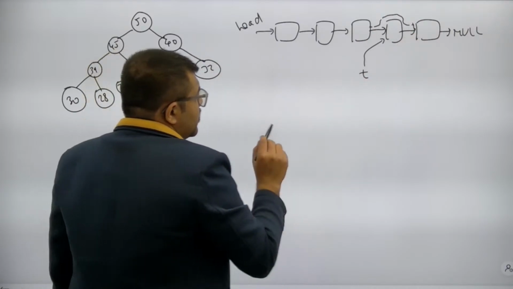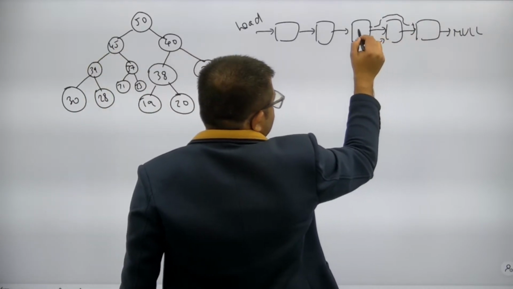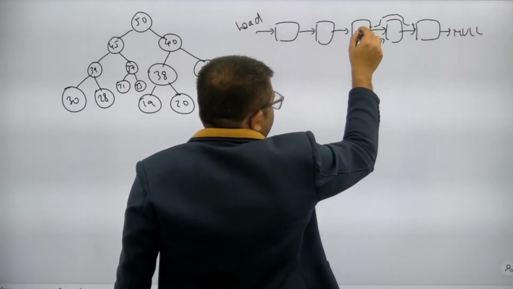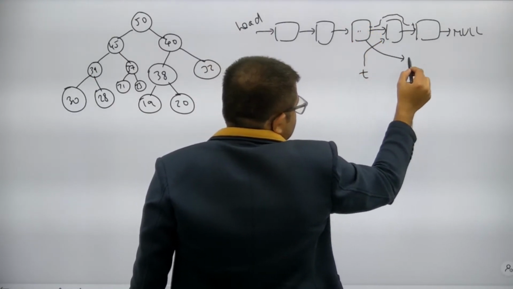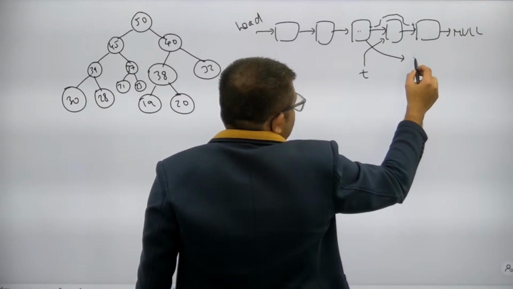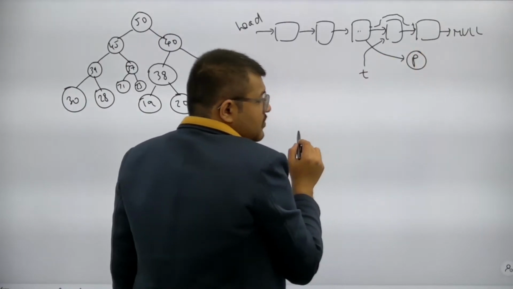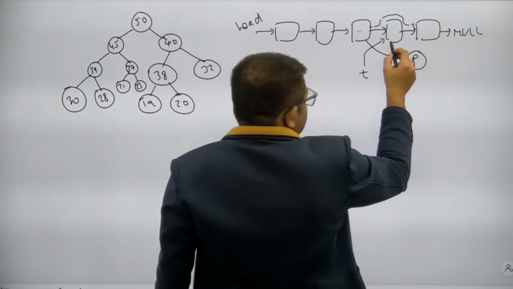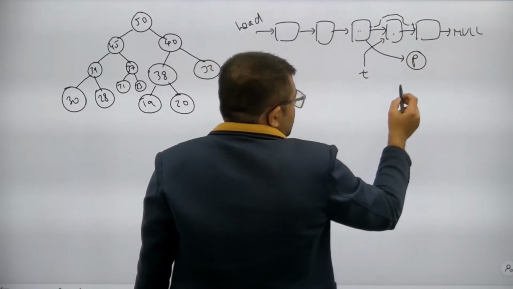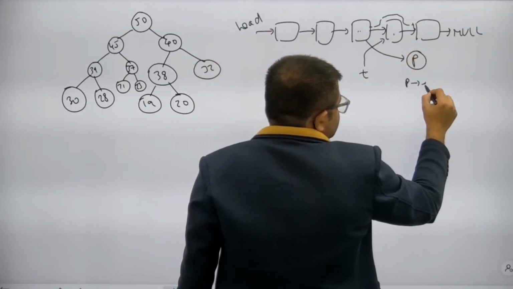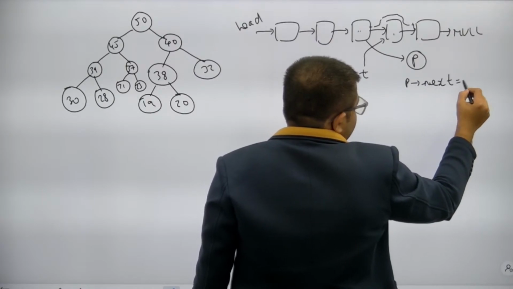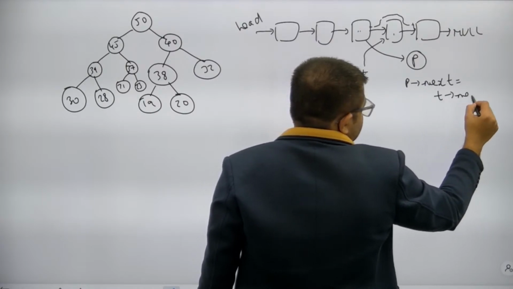In order to do that, you must have access to the previous node. Let's say the pointer to the previous node is P, and the pointer to the node to be deleted is T. So can I say P next is equals to T next?